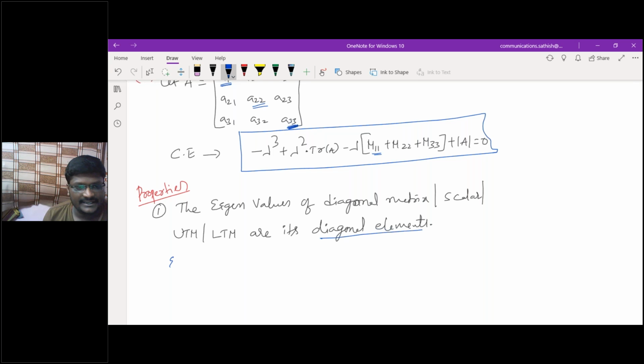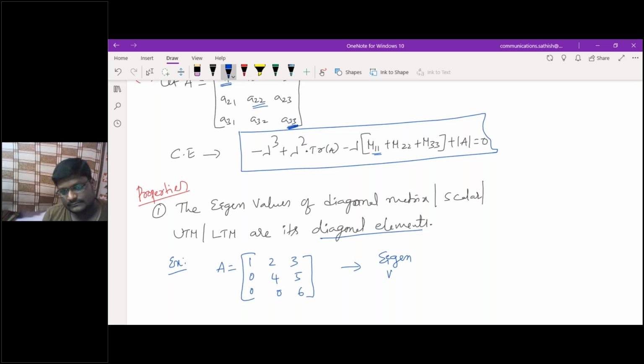Let me take an example. If I have a matrix like this, 1, 2, 3, 0, 4, 5, 0, 0, 6. What are the eigenvalues? 1, 4, 6, sir. That's all. See, below the diagonal the elements are 0. This is an upper triangular matrix, am I correct?